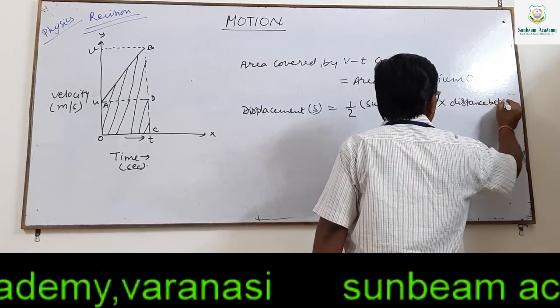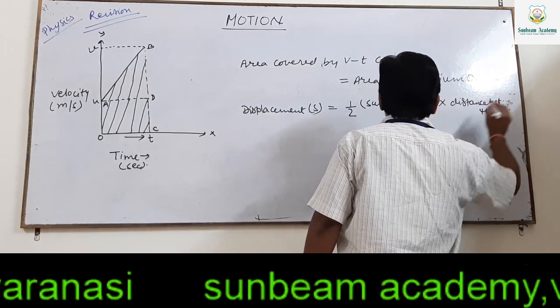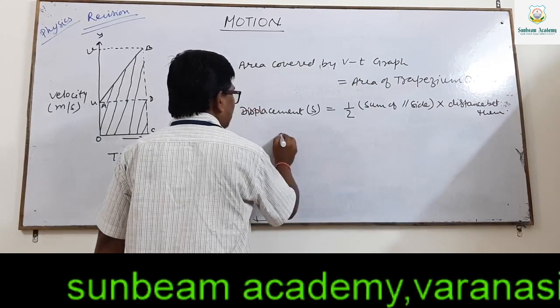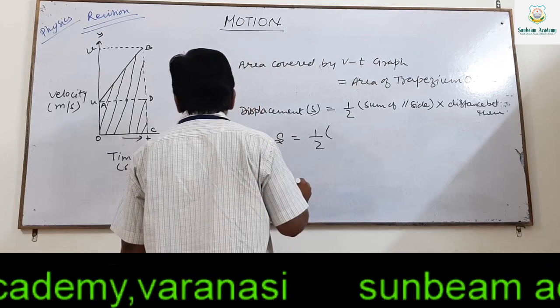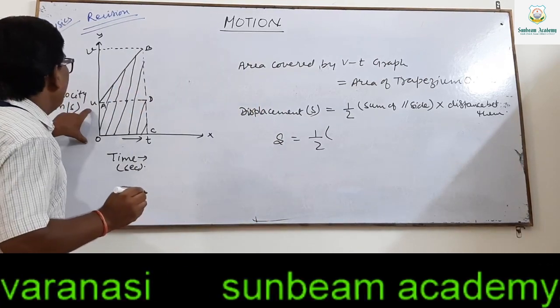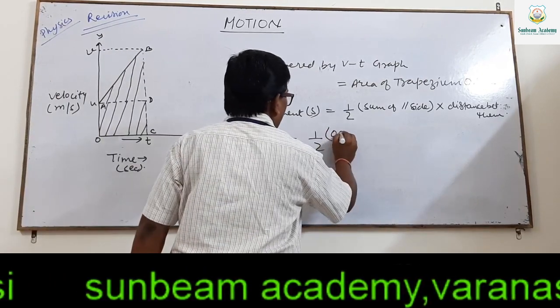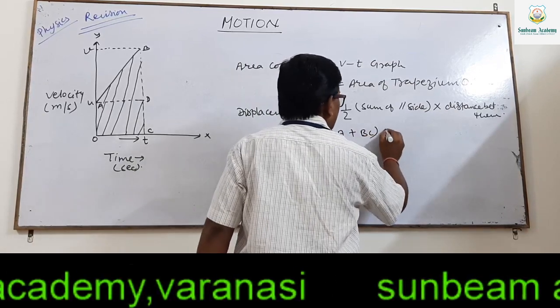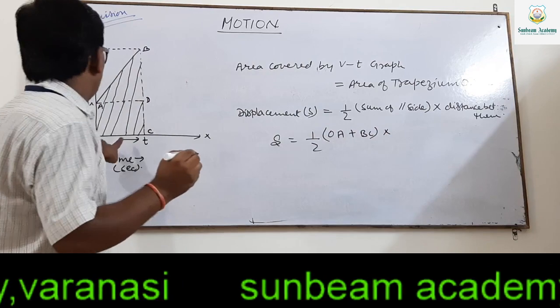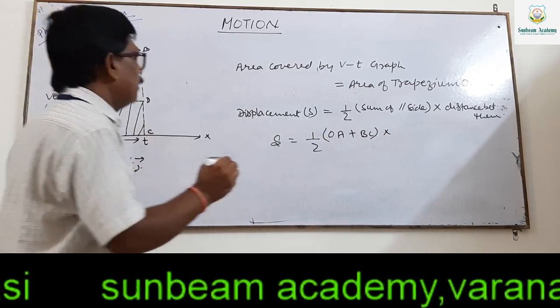Distance between them. That is S equal to half into parallel side OA plus BC into distance between them, which is OC.